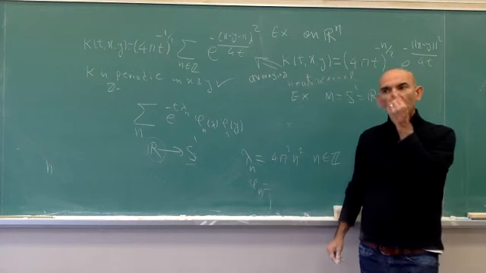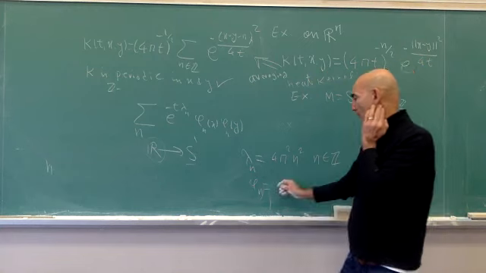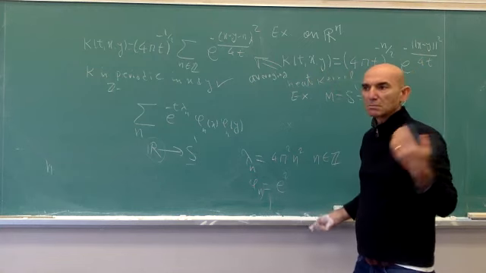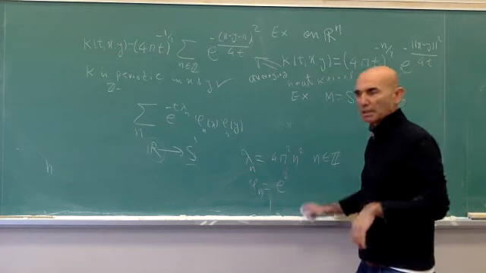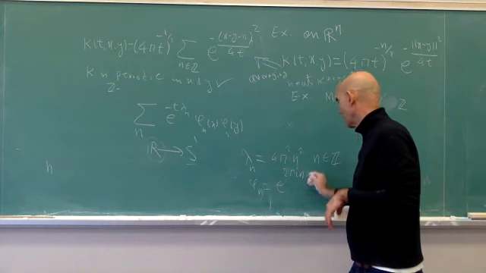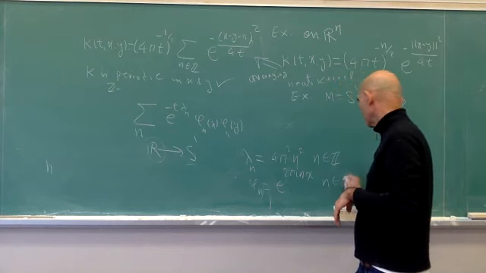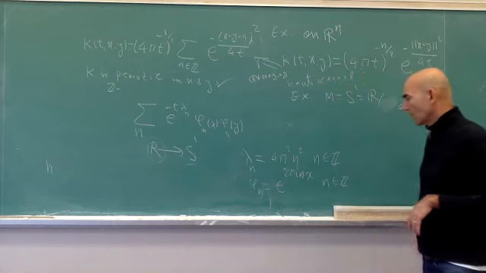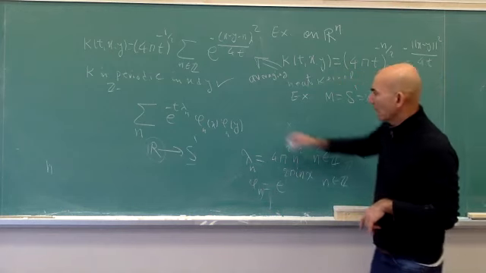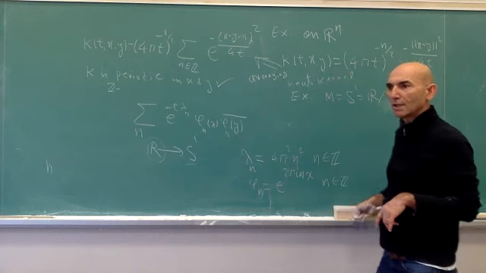You remember, it was exponential of 2 pi i n x, where n belongs to Z. Cool. So if you do this, there's of course conjugation.